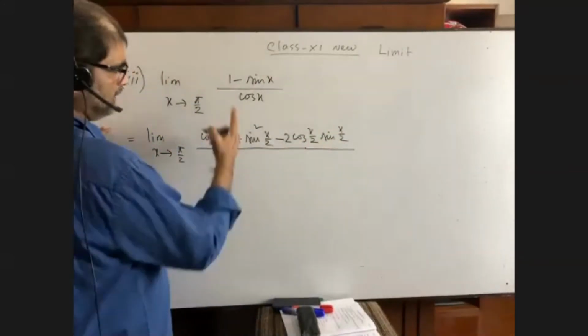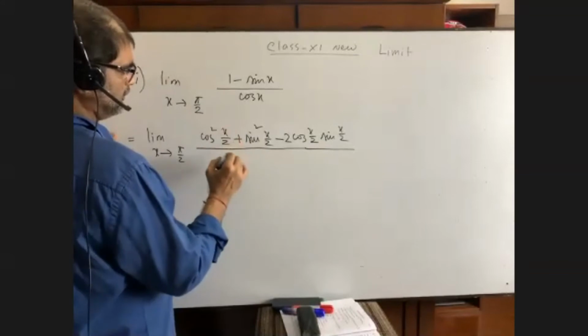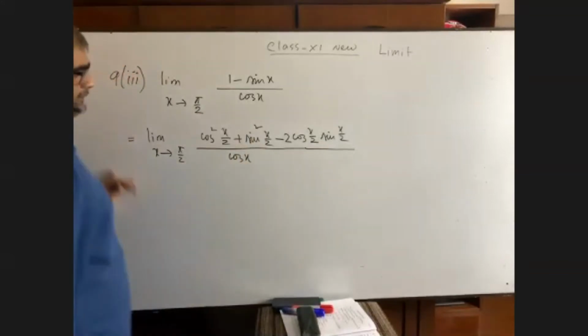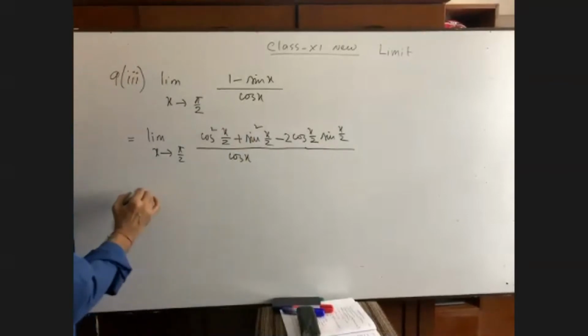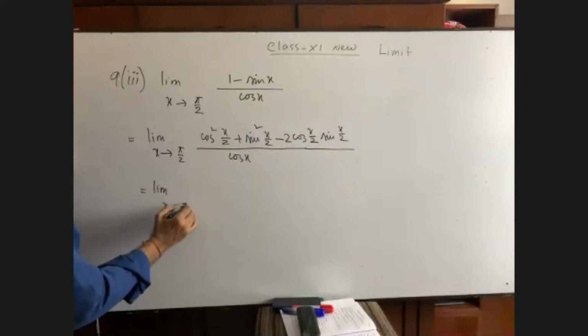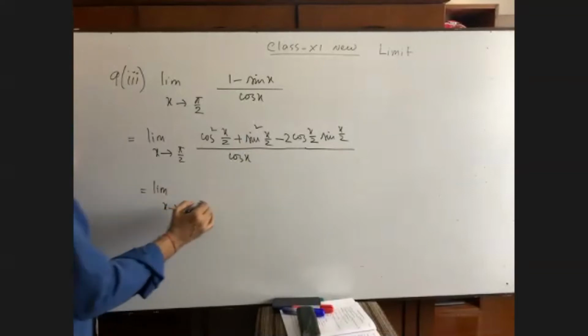Okay. Now here it is. Write down cosine x, not a matter. Now we are getting limit x tends to pi by 2.